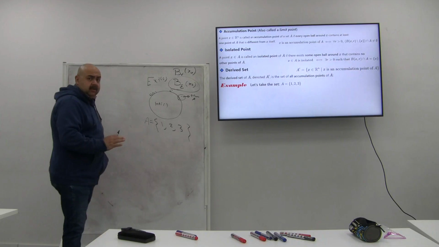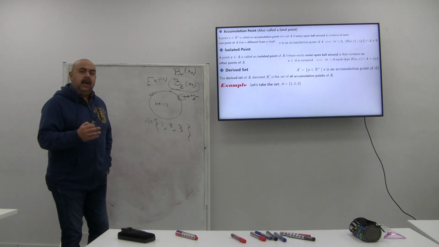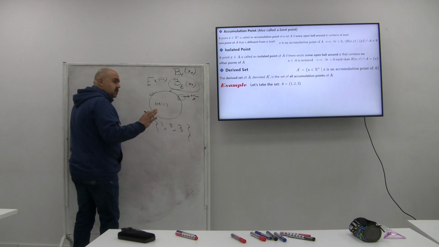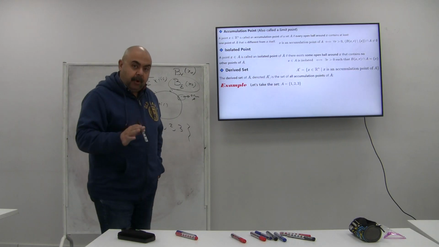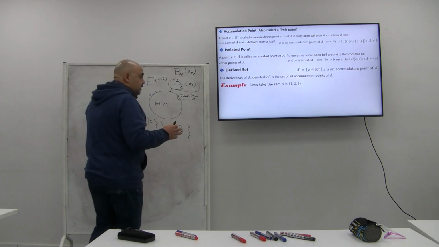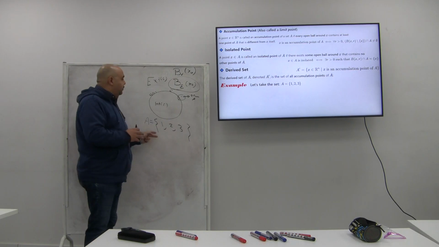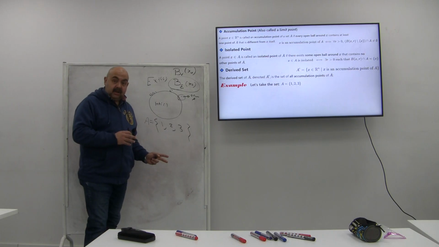If you look at this set, which is formed only from these three numbers, there are no open balls around it that will share points with 1, 2, or 3, because the set contains just 1, 2, 3. So there are no accumulation points here, and since there are no accumulation points, there will be no derived points related to this set.